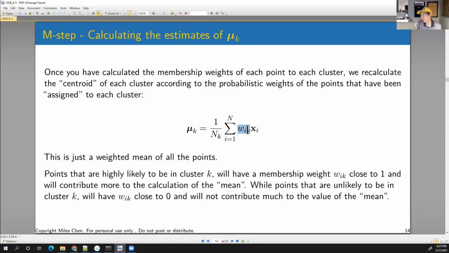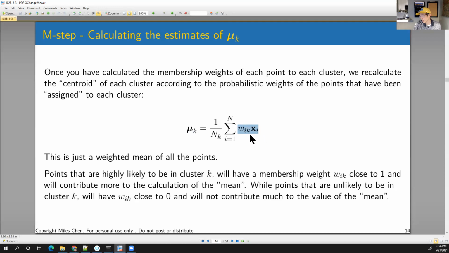Now it's basically the same idea, except instead of a z, which is a 0 or 1, it's a weight, some fraction between 0 and 1 that indicates the probability that X belongs to cluster K. Okay, so we do that.